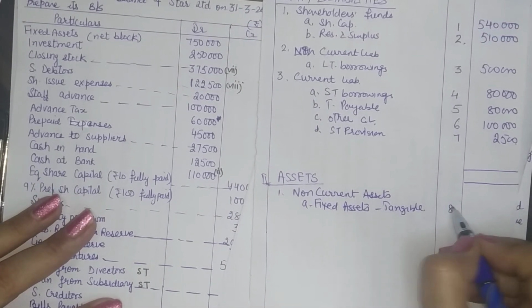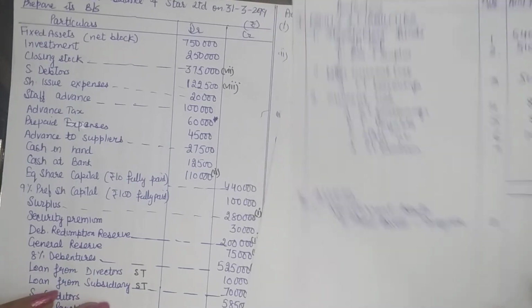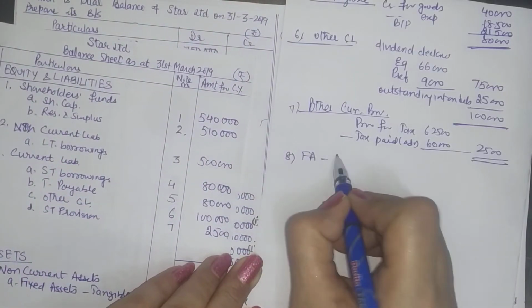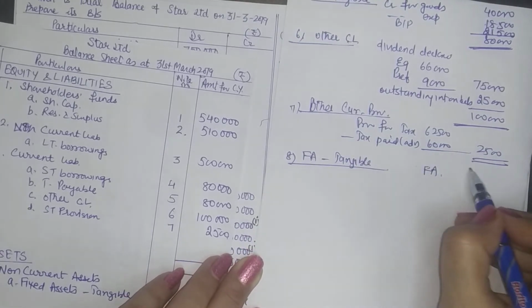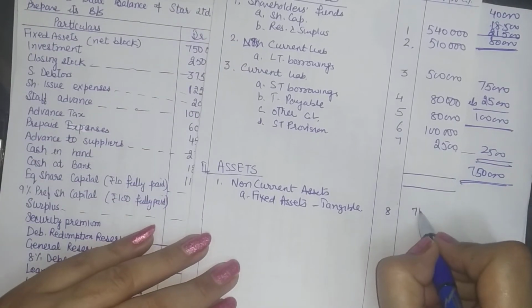Now this is your 8th working note. Okay, so we are given fixed assets, so we can simply record fixed assets tangibles. We are not given any details, so we will just leave it, just 7,50,000.